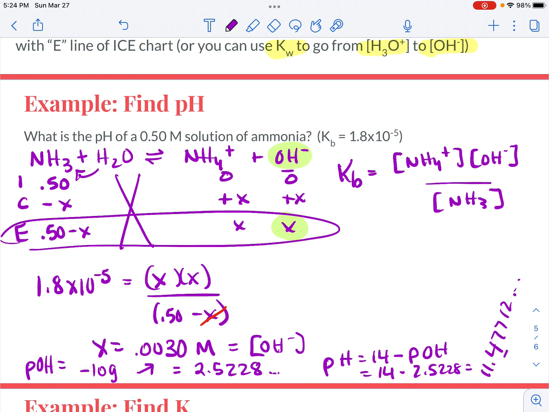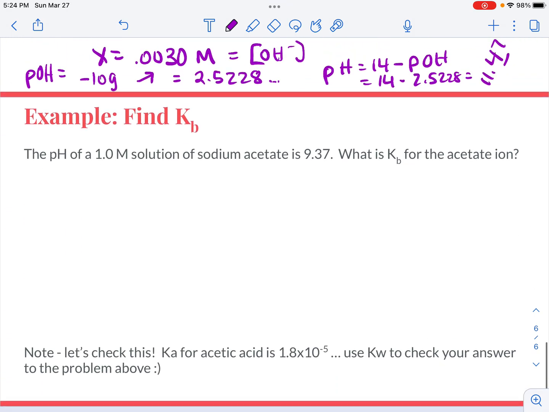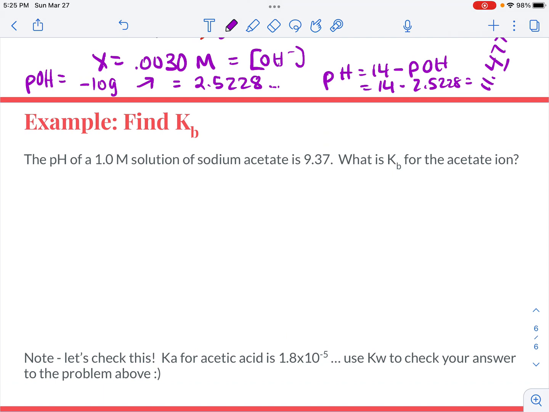I have two significant figures, so this is two places after the decimal, so this would be 11.48 as the pH of my 0.5 molar solution of ammonia. Okay, so that's that direction. Let's go do one the other direction. This will be a quick video.